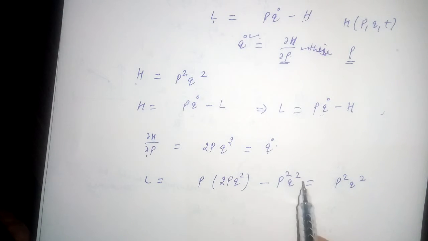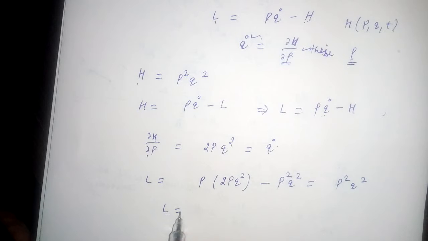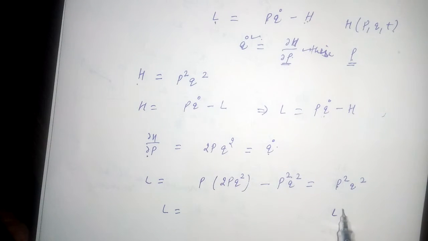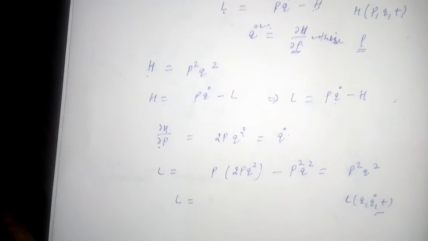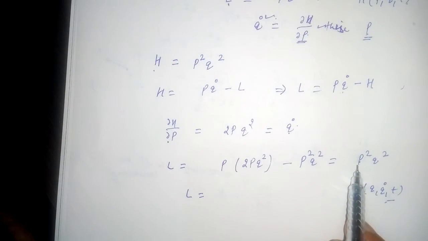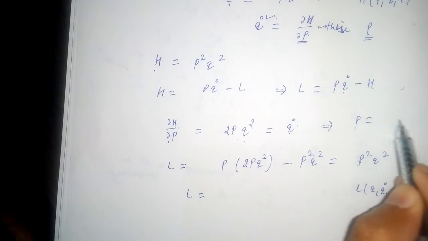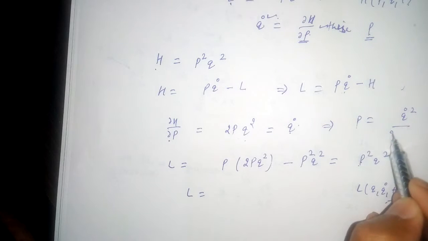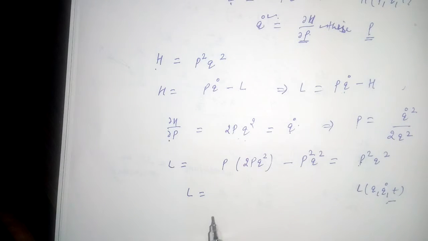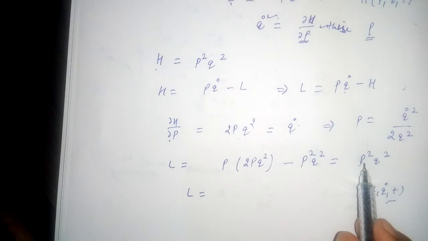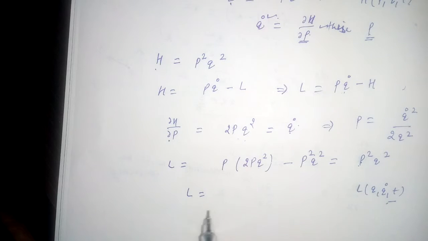Then put the value of P, because we have to find the Lagrangian in terms of Q dot and T. Put the value of P from this equation, and P will be Q dot square upon 2Q square. Then put the value here.